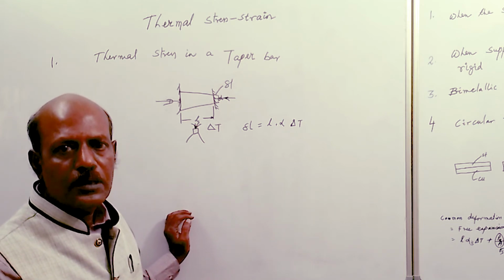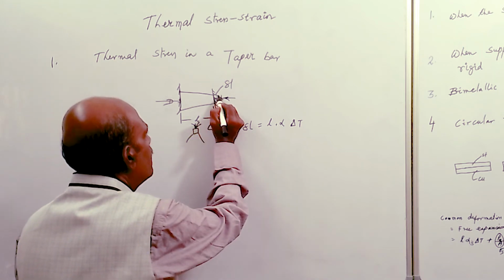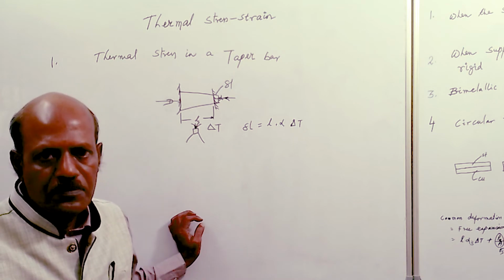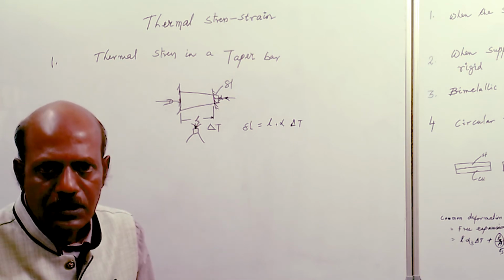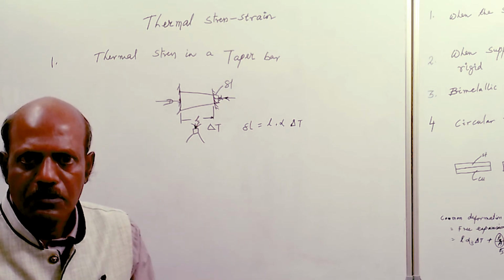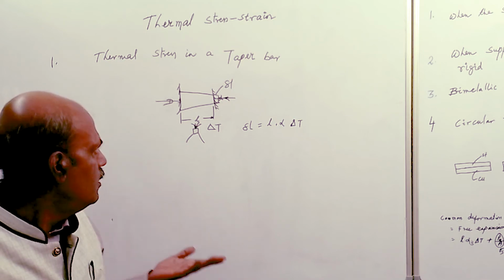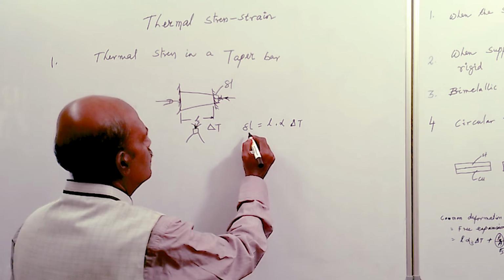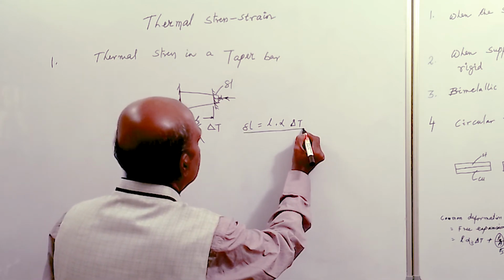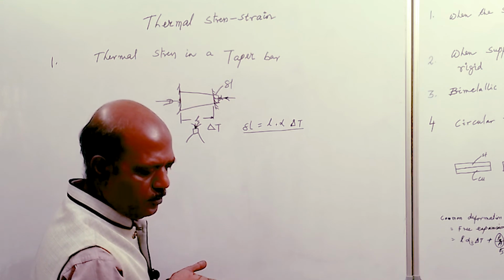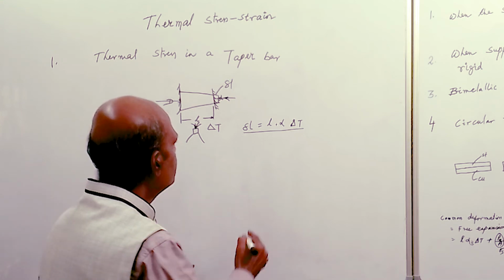Or in other words, we can say the support will compress this delta L amount. So the kind of stress developed will be compressive stress. Now we have got this delta L, so strain as well as stress we can find easily.